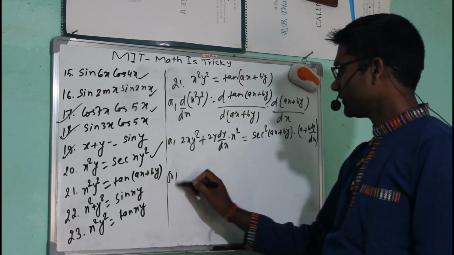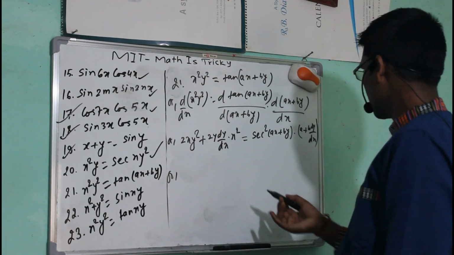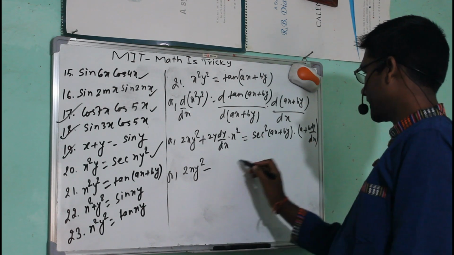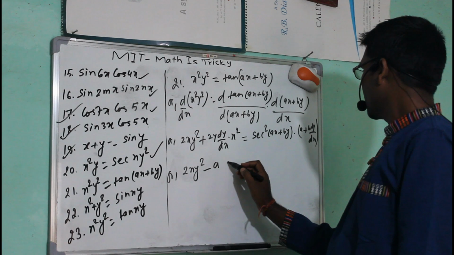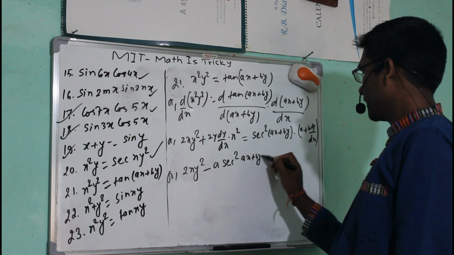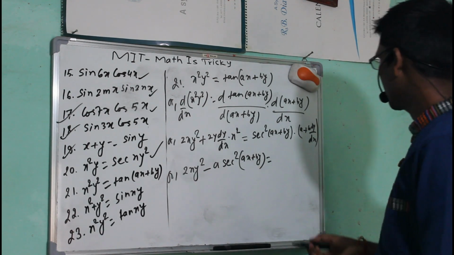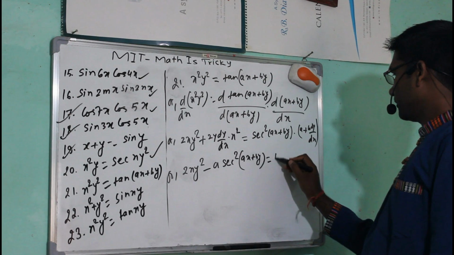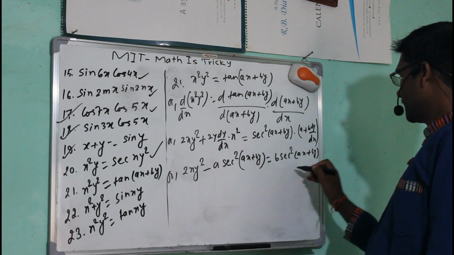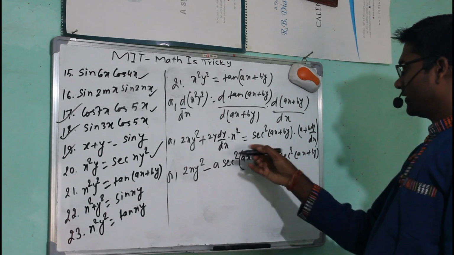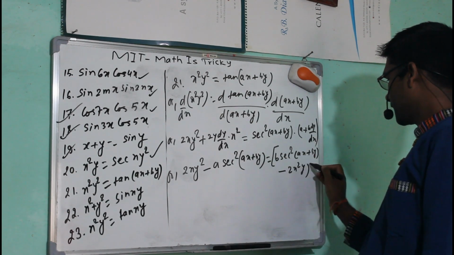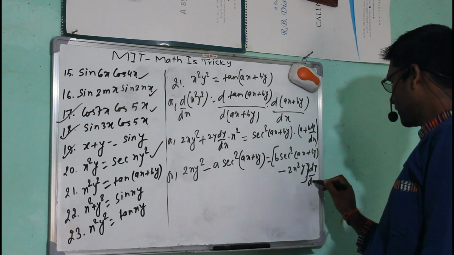So now let's arrange the terms so that you get 2xy square minus a sec square of ax plus by on the left hand side, equals, on the right hand side, b sec square of ax plus by minus 2x square y, times dy by dx.